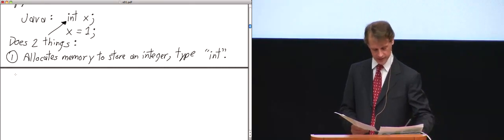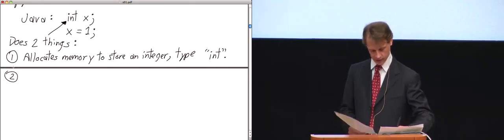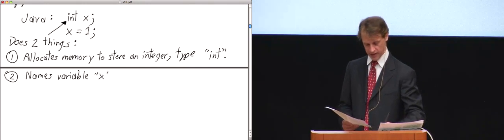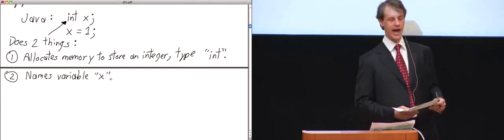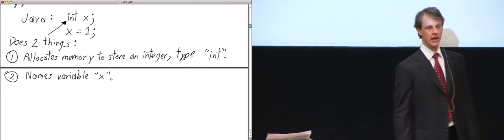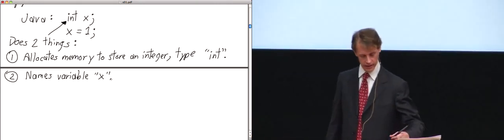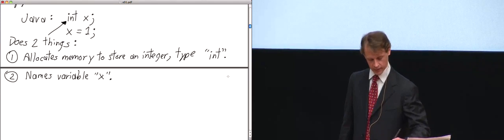And then the second thing it does is once it's allocated that chunk of memory, it also gives it a name. So now that chunk of memory is officially named x. And so the way I will conceptualize this over and over again this semester is I will draw little boxes for variables.